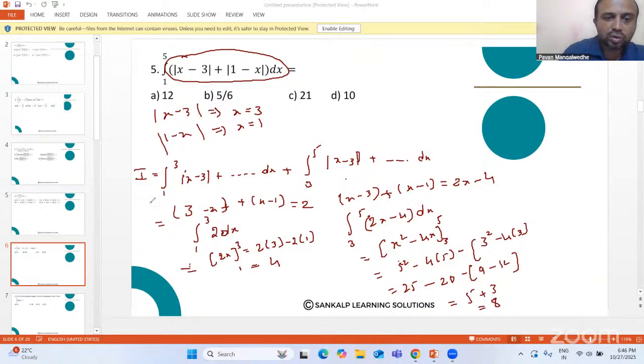So the total of 1 to 3 plus 3 to 5 is 4 plus 8, that is 12. Option A is the right answer.